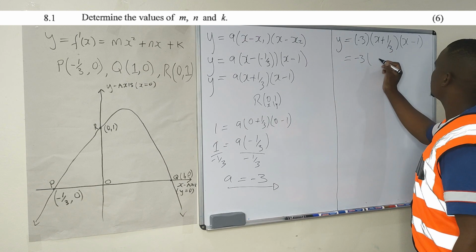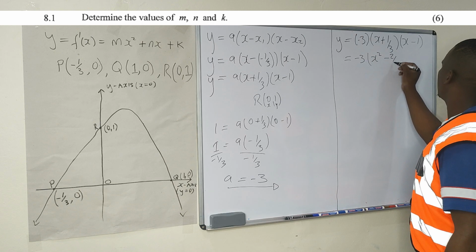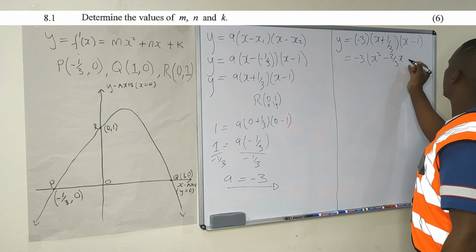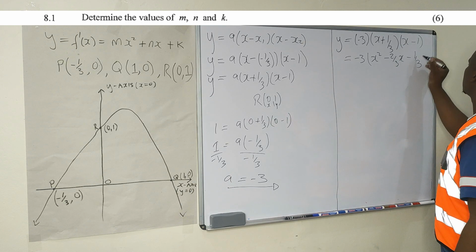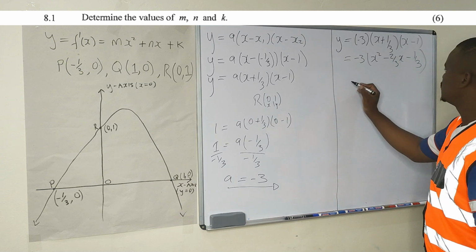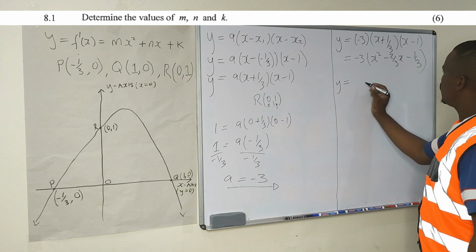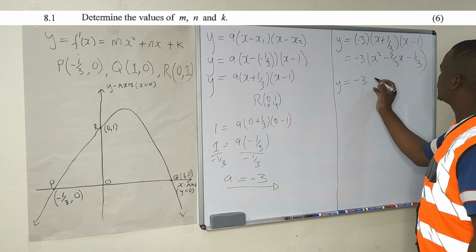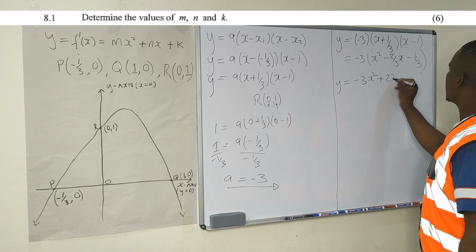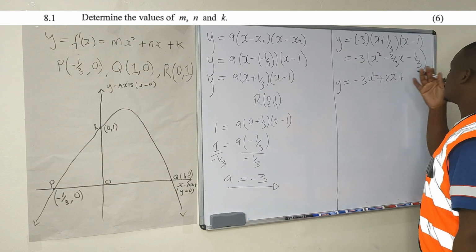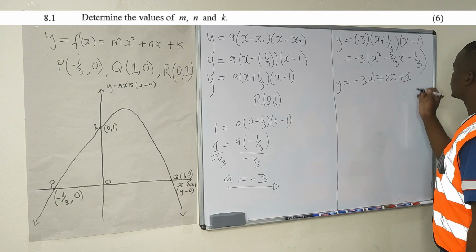You find you have x squared minus 2 over 3 x minus 1 over 3 when you expand that. Then you simplify this further, minus 3 times this. What do we have? You have minus 3x squared plus 2x plus 1.